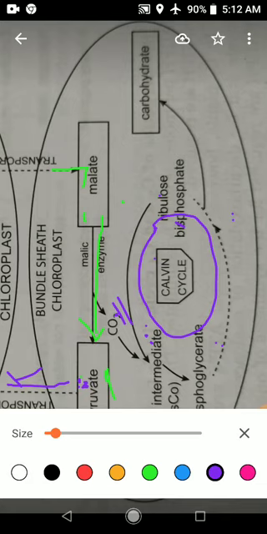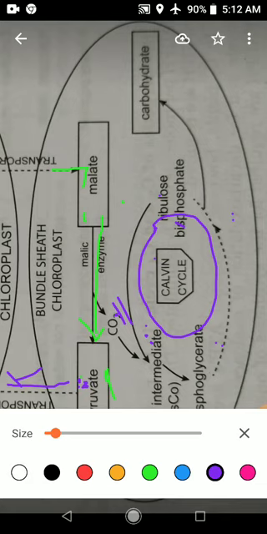Oxaloacetate is reduced to malate in the presence of malate dehydrogenase. Oxaloacetate is also aminated to aspartate in the presence of the aspartate aminotransferase enzyme.